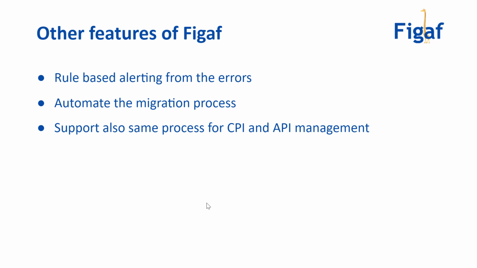We are also working on an automation of your full migration process, so you can just select a number of interfaces to be moved in a certain way. It will do configuration and transport them along the way. And then we also have the same process for supporting CPI and API management, where you can use just one tool, no matter which platform it is, to handle the full development process.